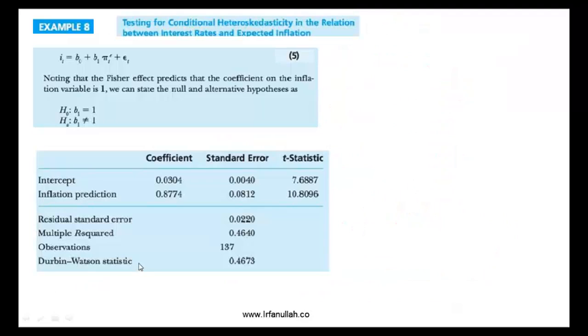So I'm going to pick example 8 from the curriculum that dives into this topic. So I'm skipping the details, but here there is a regression testing the relationship between interest rates and expected inflation. The question is, why are we using the chi-squared table and not any other table?